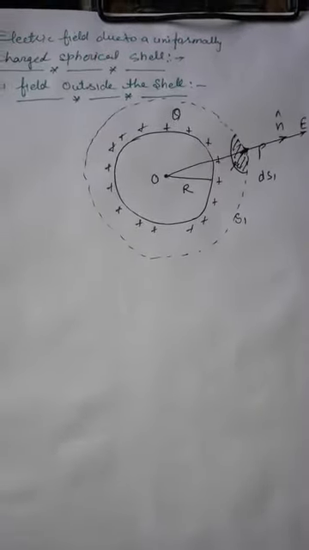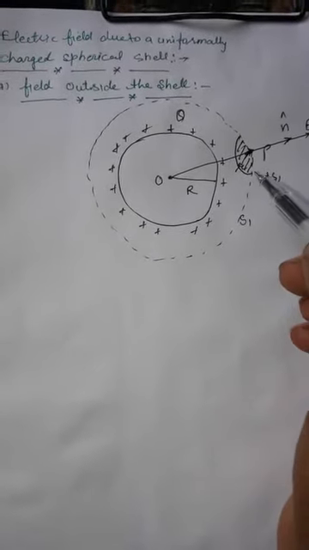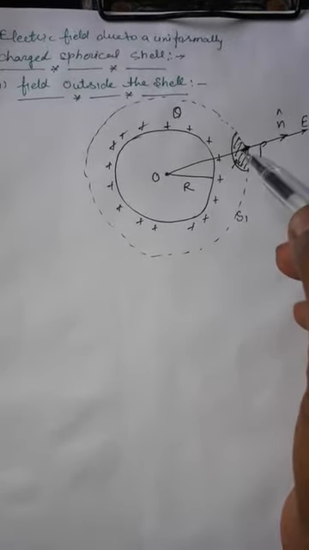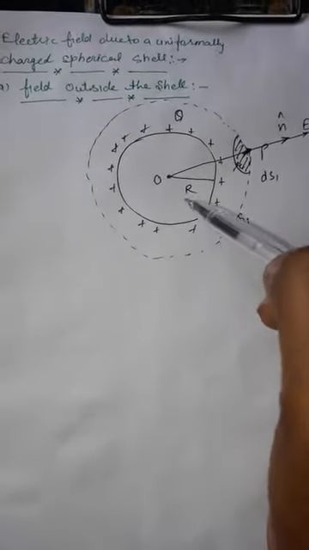We know that the total electric flux passing through any surface is equal to 1 by epsilon naught times the total charge enclosed by the surface.